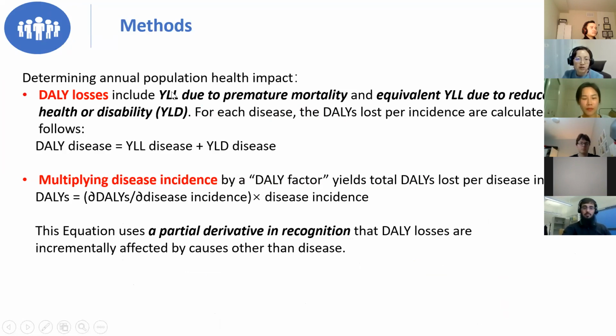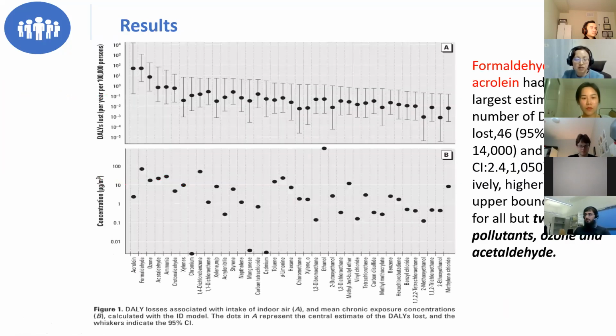This is some of their methods. They determine the annual population health impact, including DALY losses, using a partial deviation in recognition that the DALY losses are immediately affected by causes or other disease. So this is related to how they do their disease burden calculation. Okay, results.